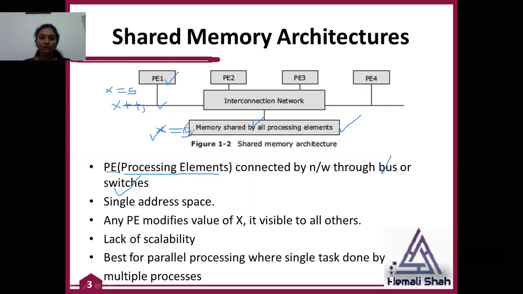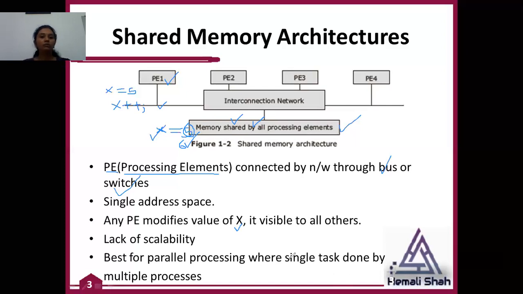This value will become 6 and it will affect the shared memory, so that if any other processing element wants to access the value of x, it always gets the updated value, because this x is stored only at a single memory space, and this space is shared between all the processing elements. So if anyone modifies the value of x, all others have visibility of the updated value only, right?